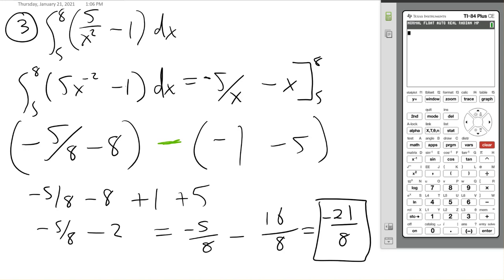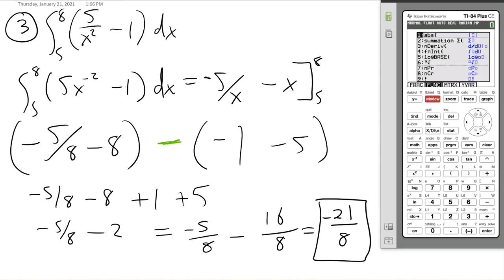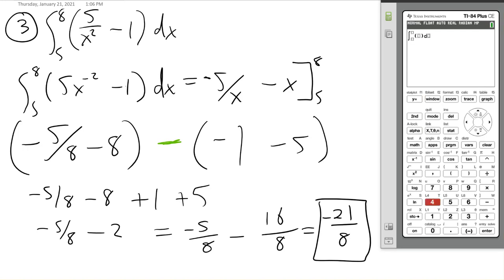Okay, so I know that's right because I have an answer key to my WebAssign questions. But how you would want to check this, if this was a free response question and you had to show work but still wanted to know if this was right, or if it's multiple choice and you were given a calculator, then what you should do instead, or in addition, is alpha window, option 4, which pulls up integration.